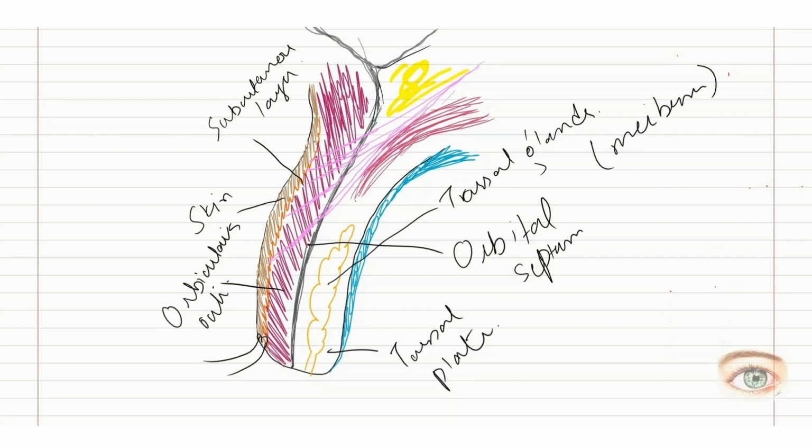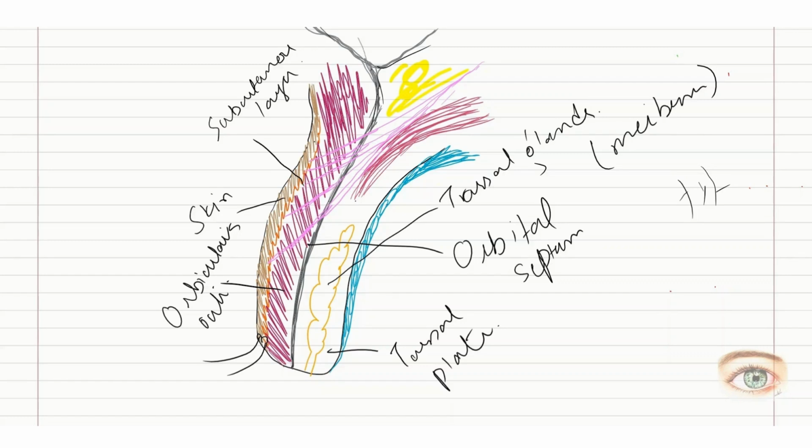So what this meibum is going to do, this is the outermost layer of the tear film, which will prevent the tears from evaporating. We know that we have three layers of the tears. We have the outer oily layer, inner aqueous layer, and the innermost mucin layer, right? So these are the tarsal glands, and you can see these vertical yellow lines when you invert the eyelid, right?